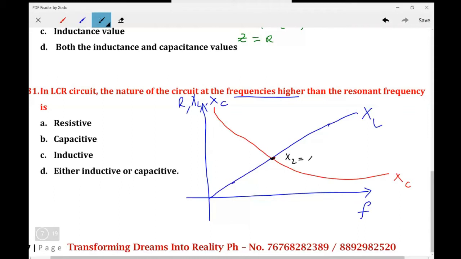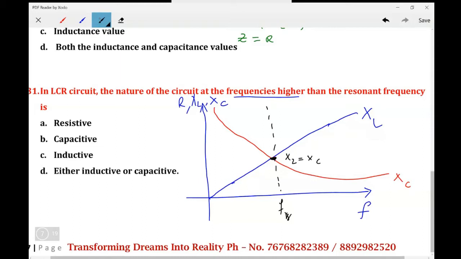Done. Then that particular frequency, what do we call it? Resonant frequency. So I call it as FR. So the frequency at which XC and XL will meet, that is called as what? Resonant frequency, because on x-axis we have taken frequency.